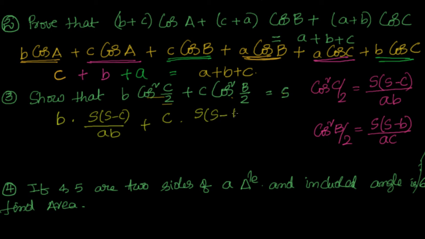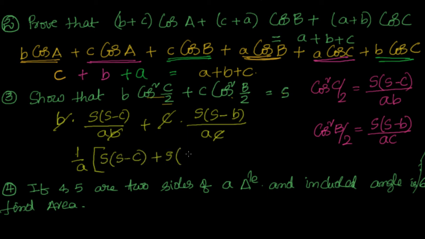So I can take a common, and this is nothing but s into s minus c plus s into s minus b. Now I can take s also common: s by a into s minus c plus s minus b, that is nothing but 2s minus of b plus c. This is nothing but s by a into a, that's equal to s.